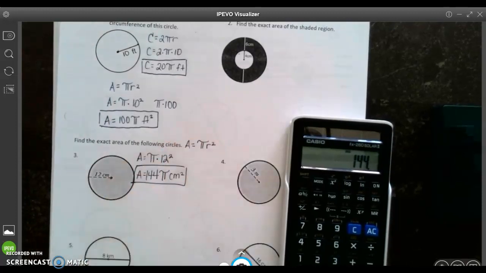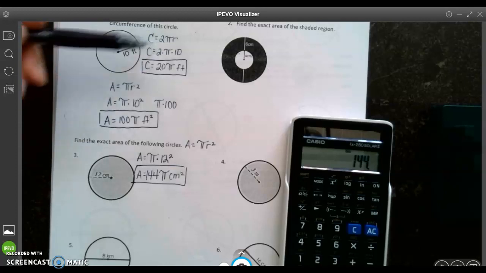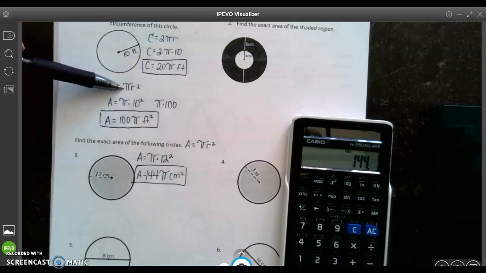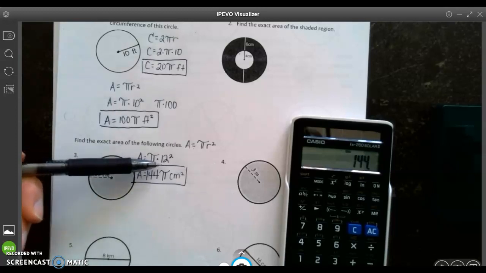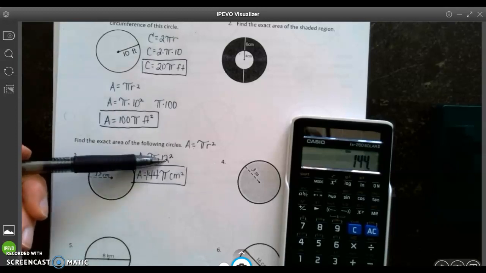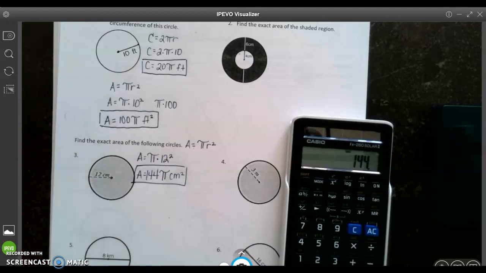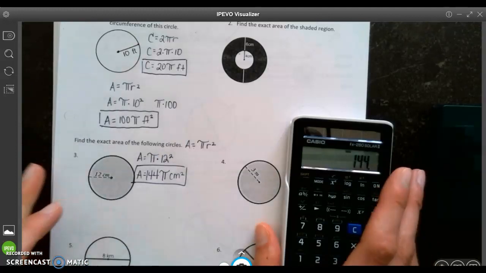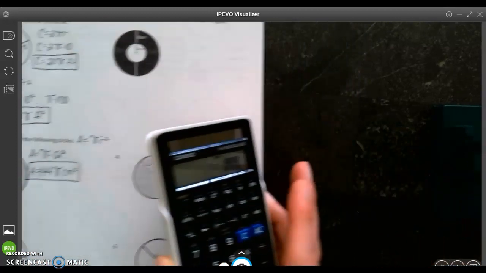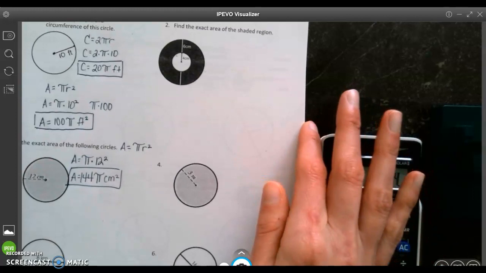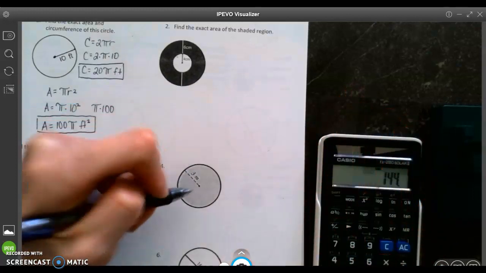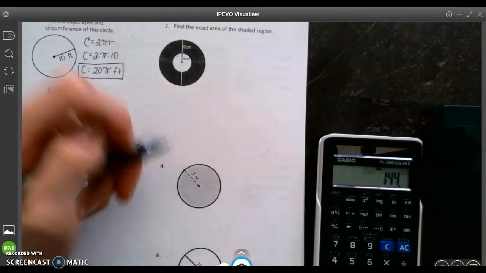So very little work. I always write down the formula for you because we're talking through it. But really, when you're showing your work, just plug in your number and then do your calculator work and give me the answer. So it's really only 2 lines. Number 4, again, it's radius because it goes from the center of the circle to a point on the circle.